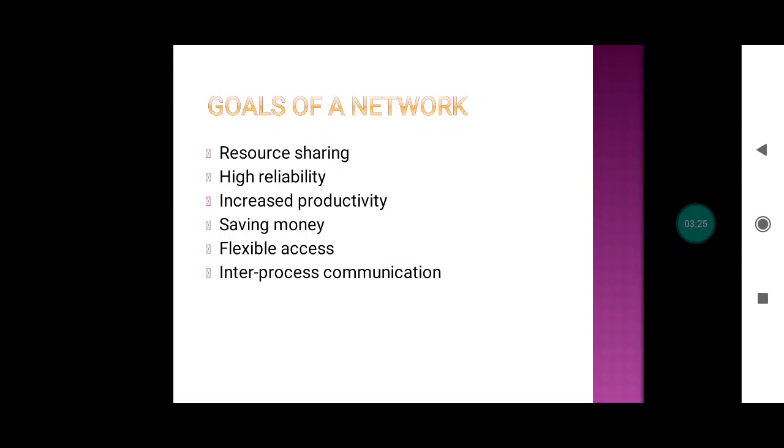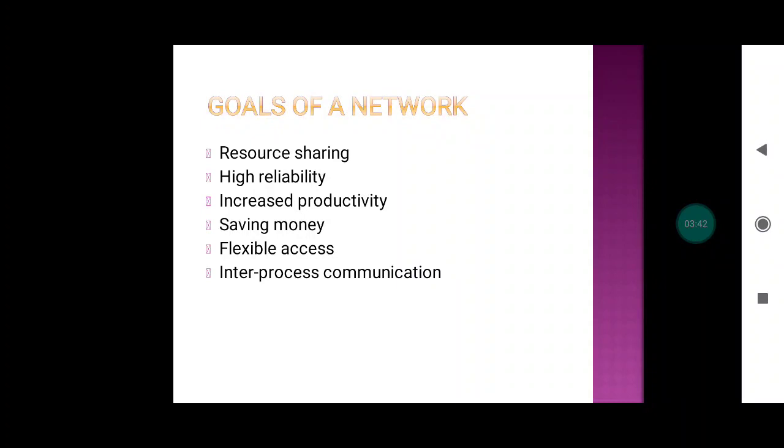So we can rely on the network for increasing the productivity of any business organization. Then saving money, of course, by sharing resources and by quickly sharing information.